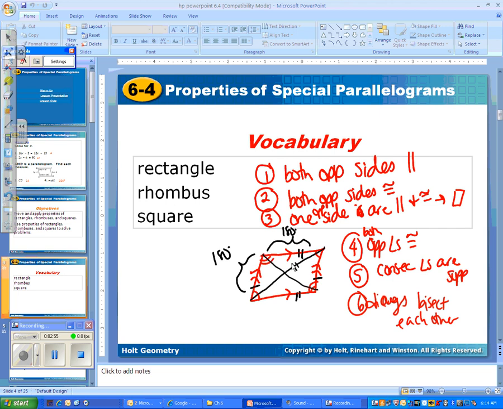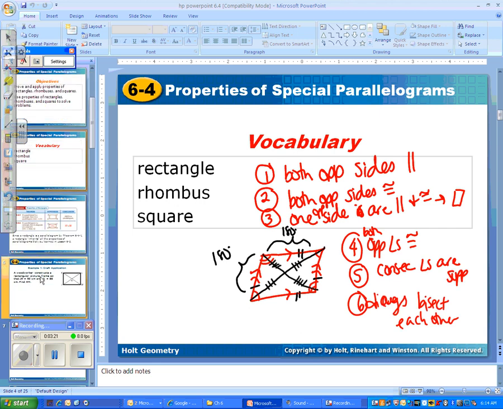So this part of the diagonal will be congruent to this part of the diagonal. So all these properties that we've talked about the last couple days also relate to the rectangle, rhombus, and square. However, there's something additional about each of them that sets it apart from all other parallelograms, and that's why they're special.